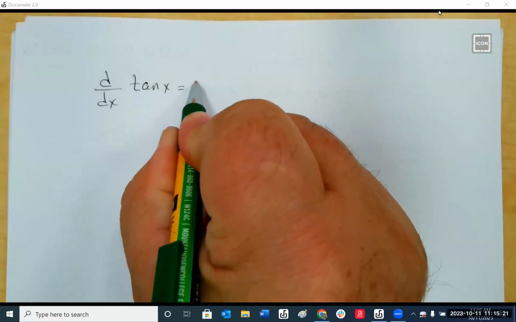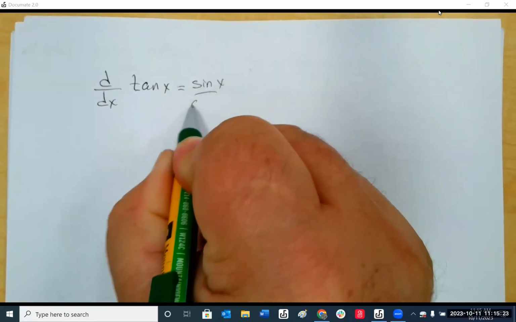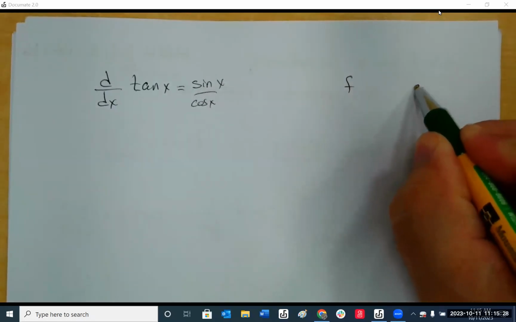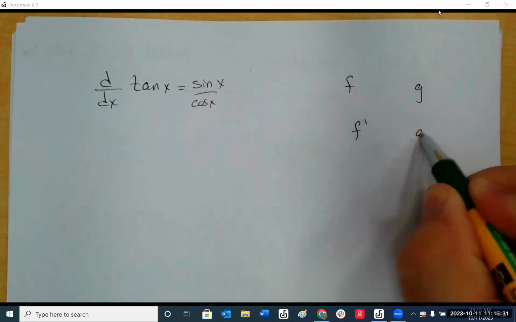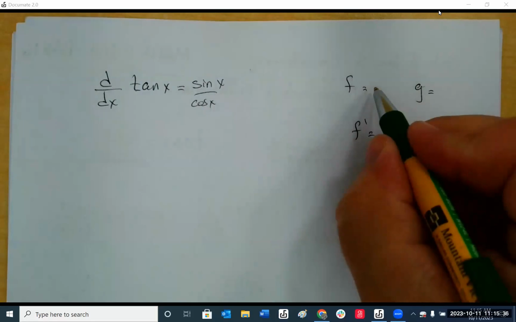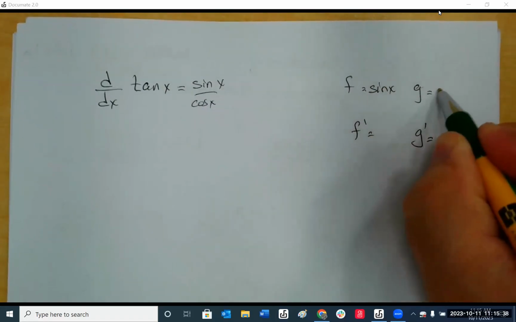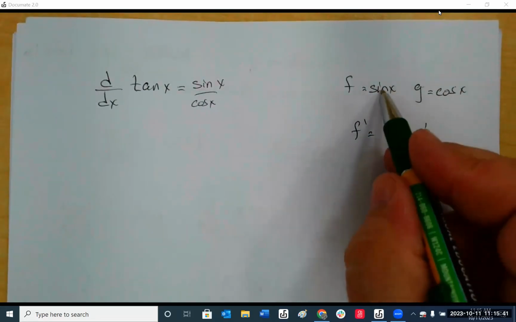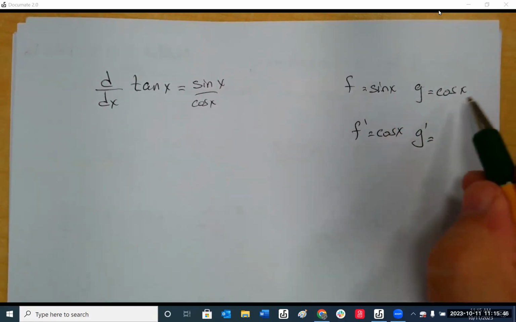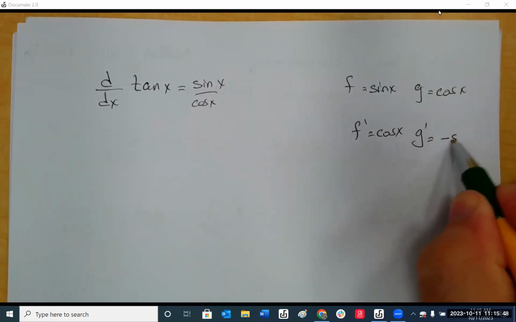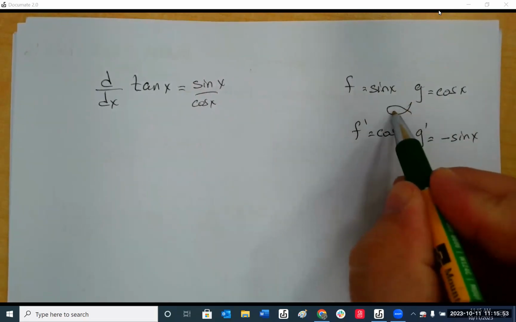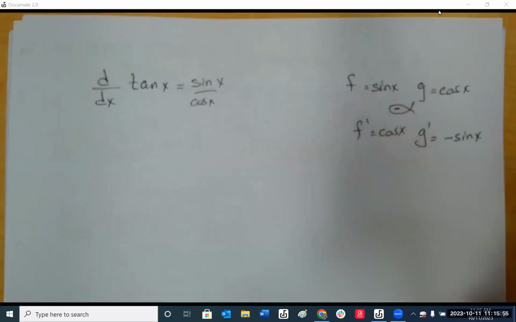We know that tangent is sine over cosine, so we use the quotient rule. The numerator is sine, the denominator is cosine. First derivative of sine is cosine. First derivative of cosine is negative sine. So since it's a quotient, we're doing a subtraction.